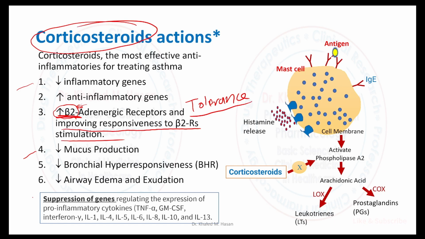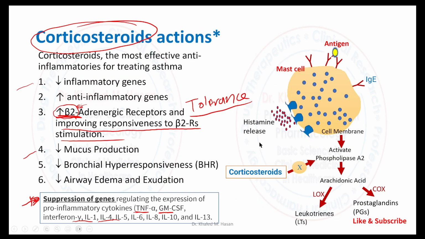Let me remind us that corticosteroid suppresses the genes responsible for pro-inflammatory cytokines such as TNF alpha, granulocyte, interferon, interleukin, and other mediators.